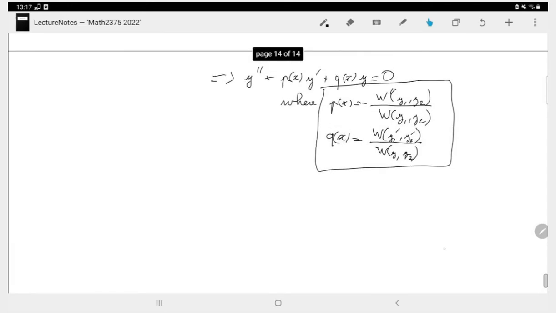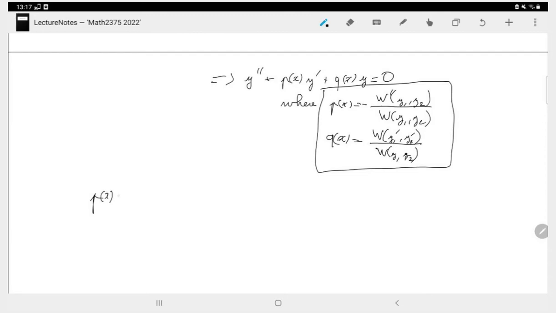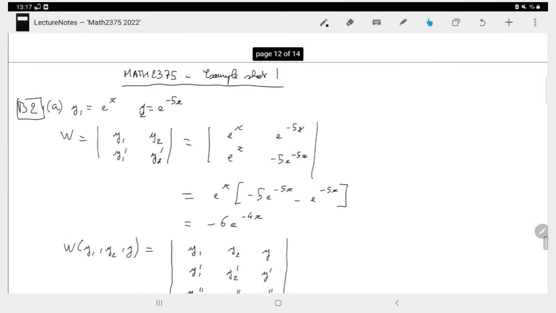So p is equal to minus the Wronskian prime of y1, y2 divided by the Wronskian of y1, y2. My Wronskian here was minus 6e to the minus 4x, if I remember well. Let me just check that quickly.